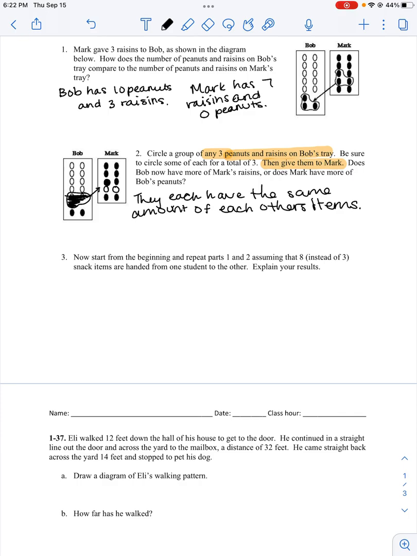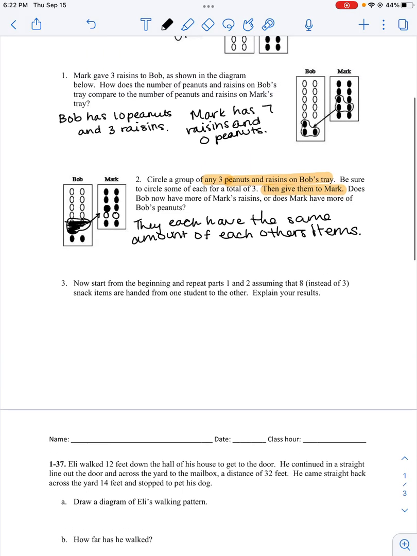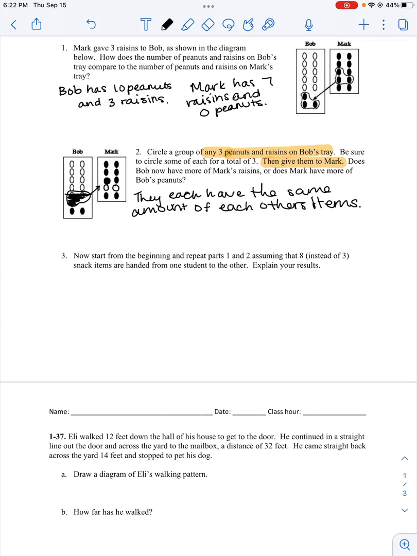When we pull some of each back, we end up with the same amount of each other's things. Now we're going to start from the very beginning, and instead of Mark giving 3 raisins to Bob, we're going to assume that Mark gives 8 to Bob.